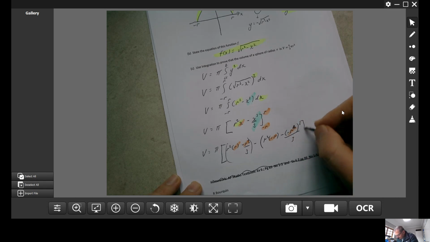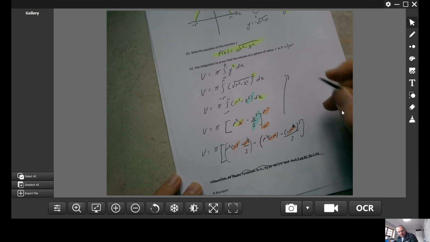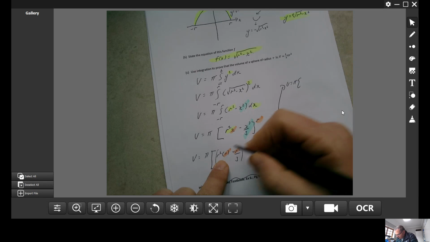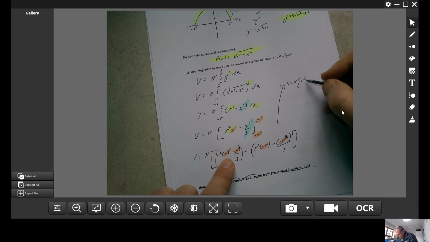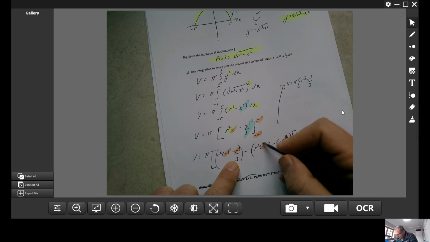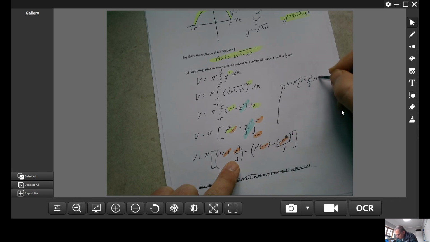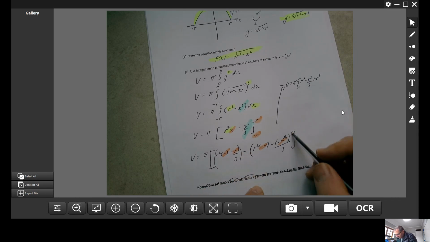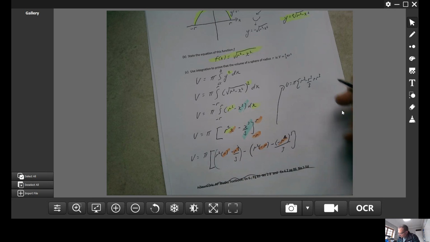If I simplify that a little bit further, volume is going to be equal to pi times r cubed minus r cubed over 3. Then I'm going to have minus r cubed times the negative, which is plus r cubed. And then negative r cubed times the negative is plus r cubed, times the negative is minus r cubed over 3.